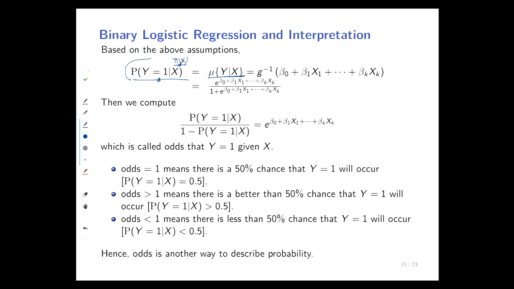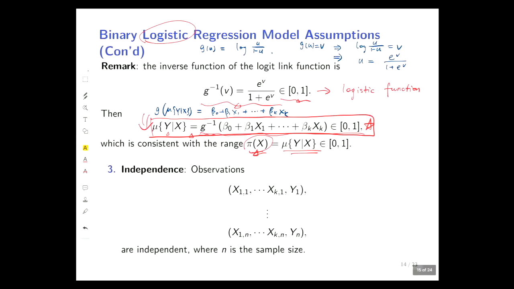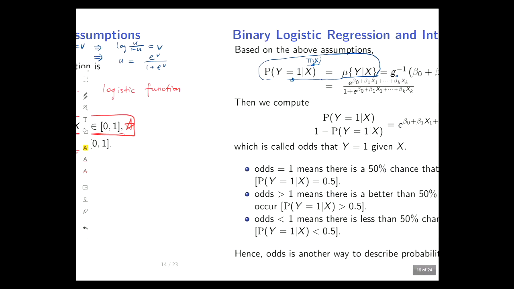Remember that in this binary case, we have a lot of notations to represent the probability. And the probability equals g inverse of the linear combination. This is directly from here, the g inverse of the linear combination.